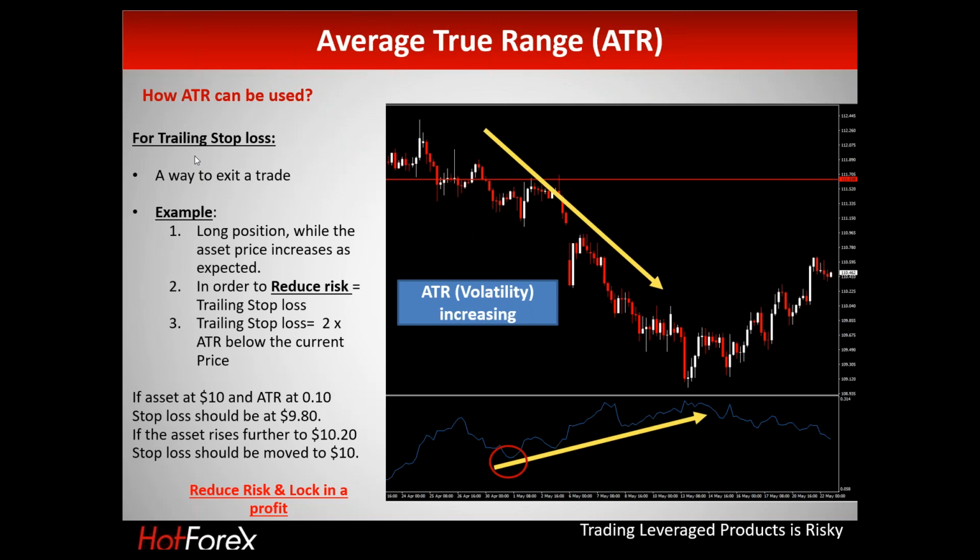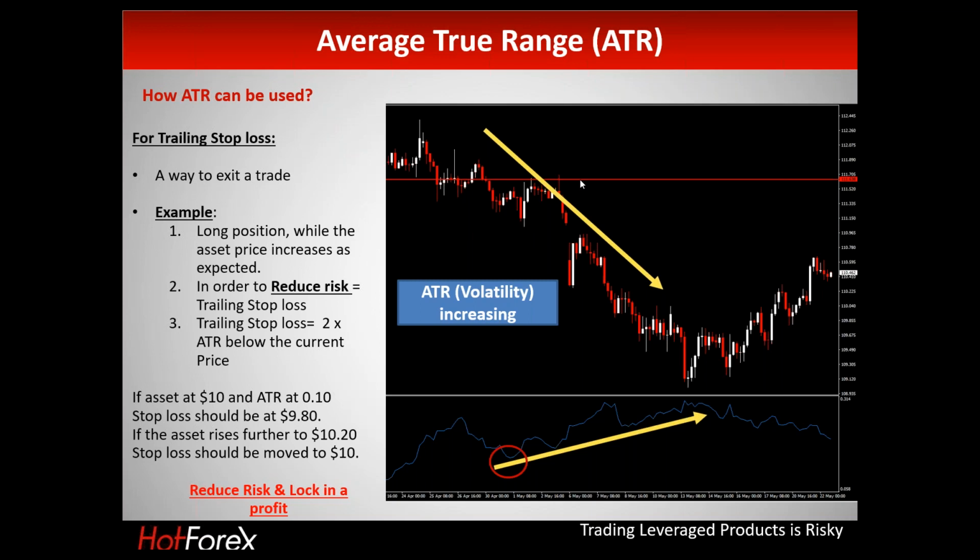Okay, so trailing stop loss. Trailing stop loss generally is a way to exit a trade. Let's assume that you are taking a short position. You are taking a short trade like this one, and the price is decreasing, going lower and lower as you expect, right?